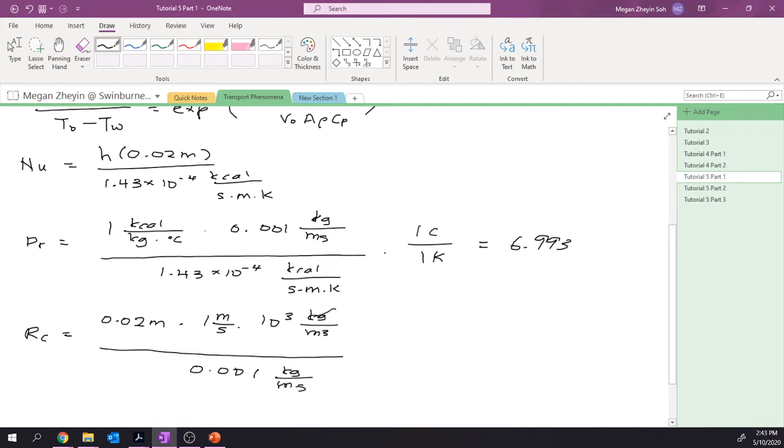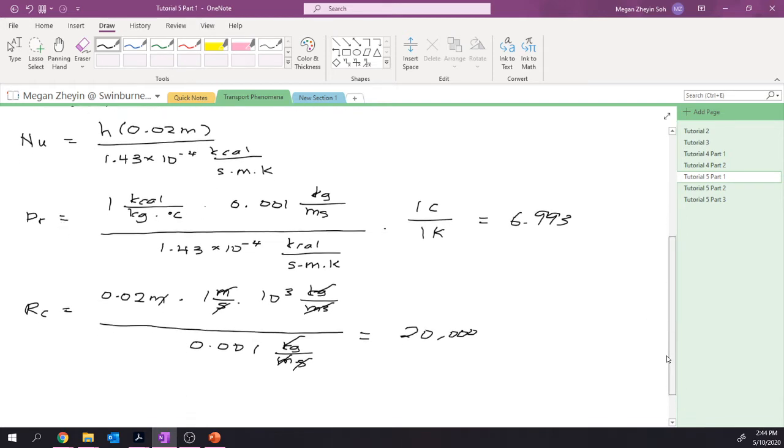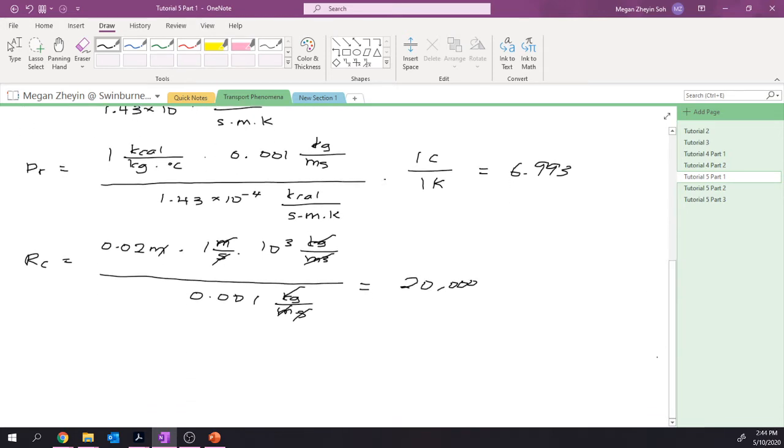Okay, so everything can be crossed off. This is meter cube, this is meter second. Meter cross off, second cross off. We get 20,000.